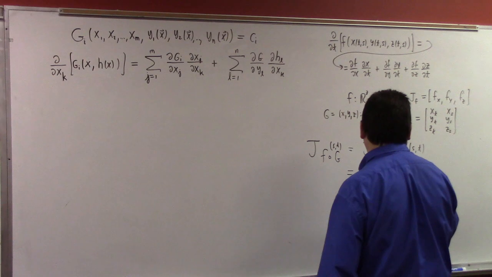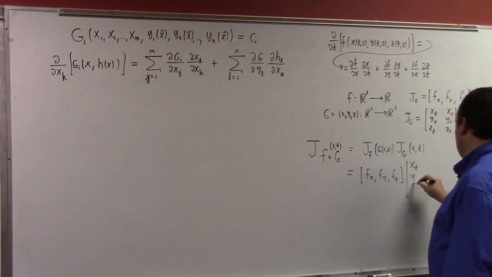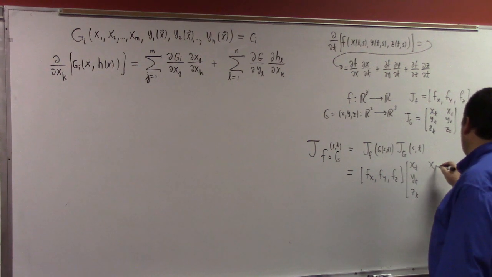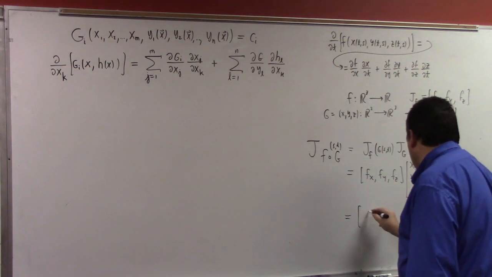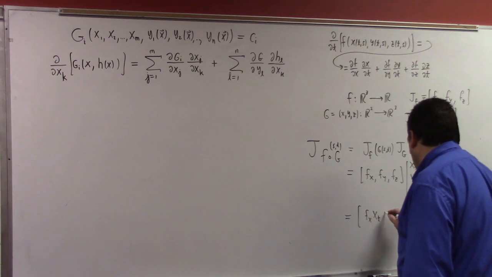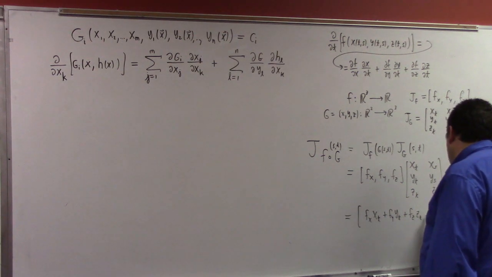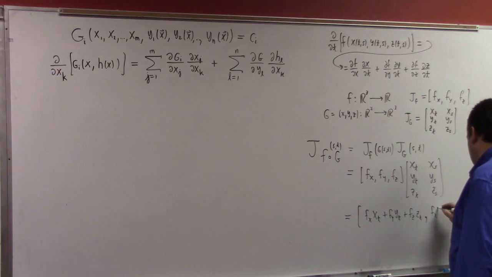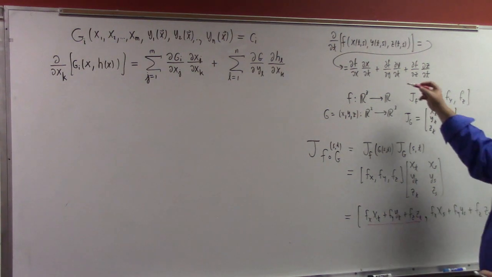So this is fx, fy, fz, times xt, yt, zt, xs, ys, zs. That is literally fx xt plus fy yt plus fz zt, comma, fx xs plus fy ys plus fz zs. And this is just the other notation for precisely what I wrote up here.